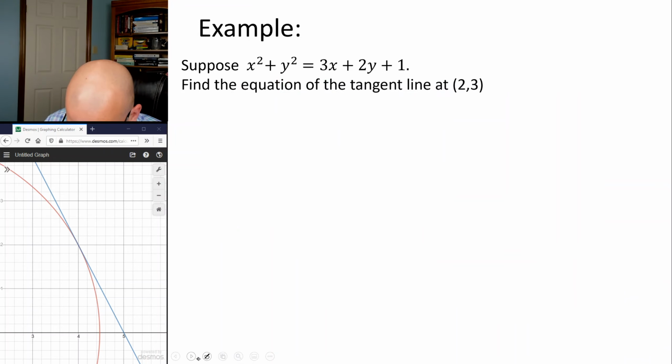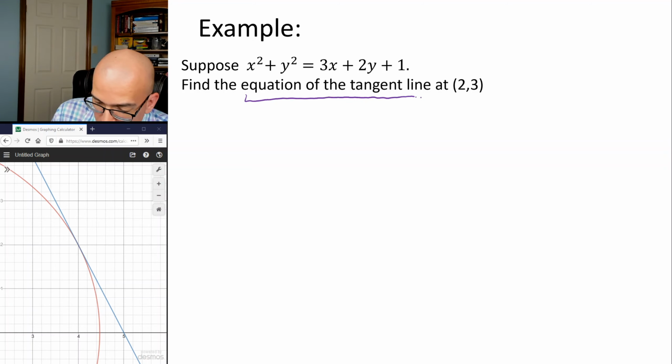Okay, next question, we're asked to find the equation of a tangent line at 2, 3 for this expression. So an equation of a tangent line, we have some goals. Our goal is at the end, we want to have everything we need to plug in y minus y1 is equal to m times x minus x1. And actually, we have almost everything we need.